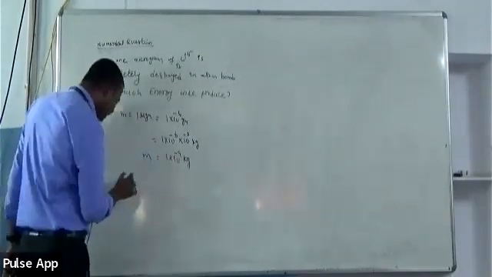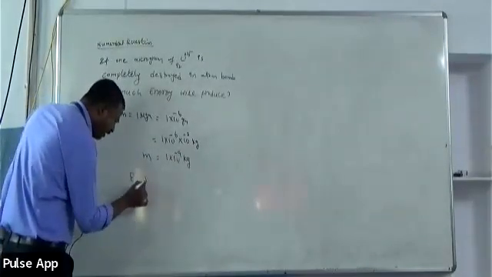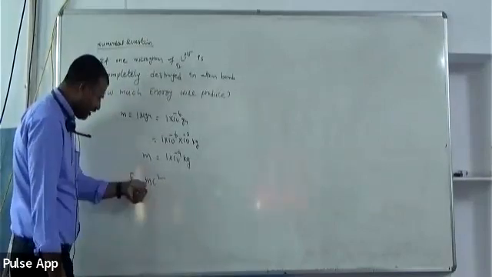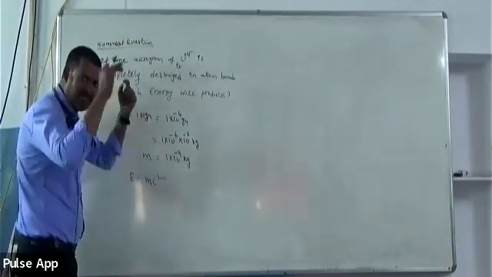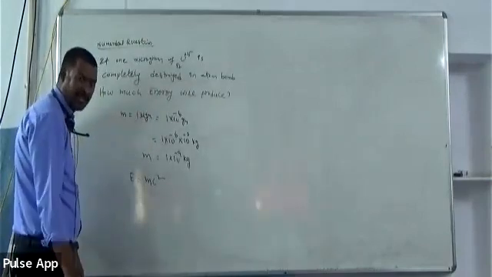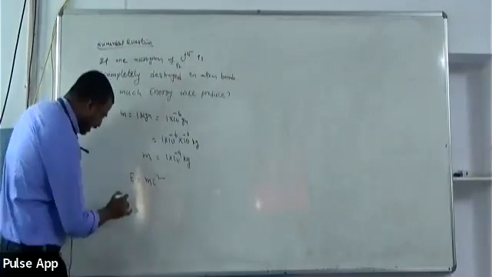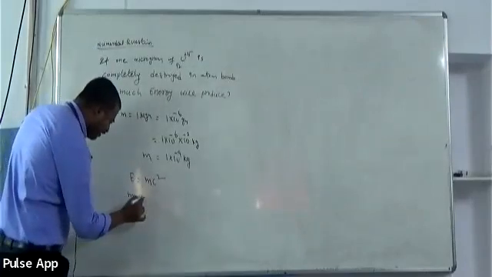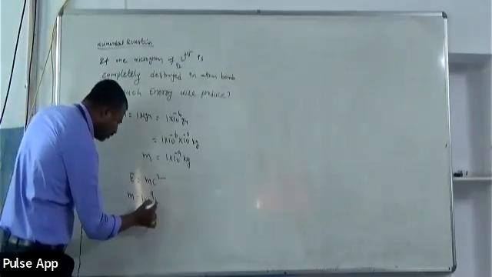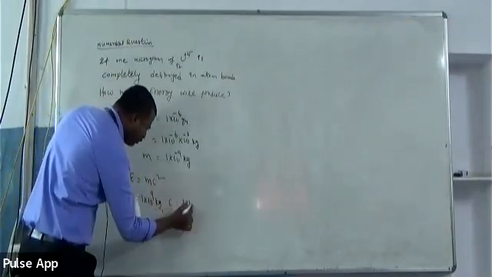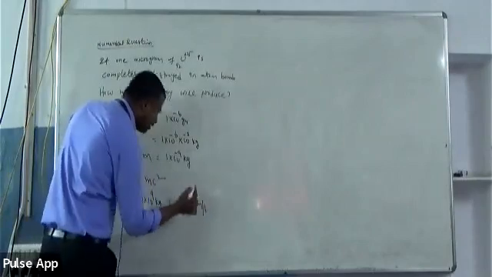And the energy equation we know is E is equal to mc square, where m is the amount of mass which is destroyed due to the reaction, and c is the speed of light in vacuum. Here m is 1 into 10 to the power of minus 9 kilogram, and the speed of light c is 3 into 10 to the power of 8 meter per second.